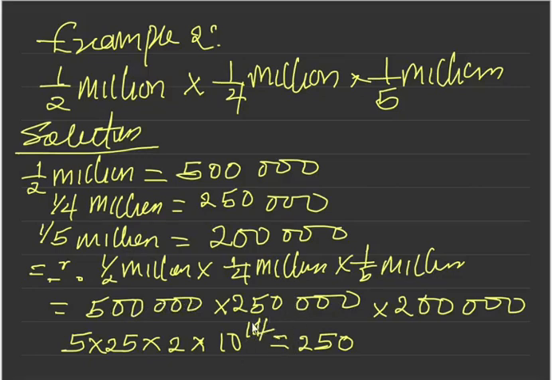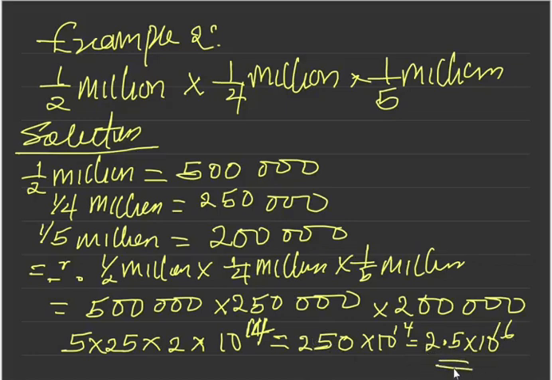So that is 10 to the power 14, and what you can now say is 2.5 times 10 to the power 16, because you remove the 20 from here and put it around here. So it will now be 2.5 times 10 raised to the power 16.